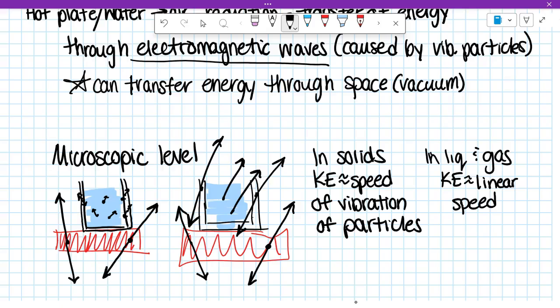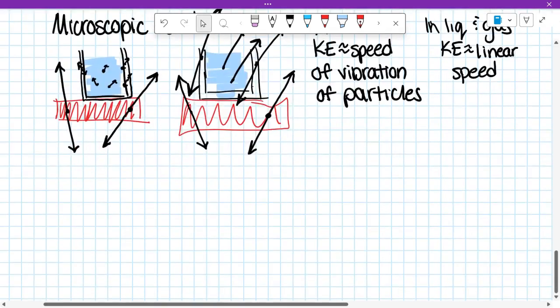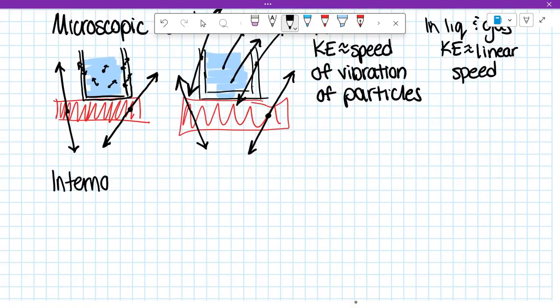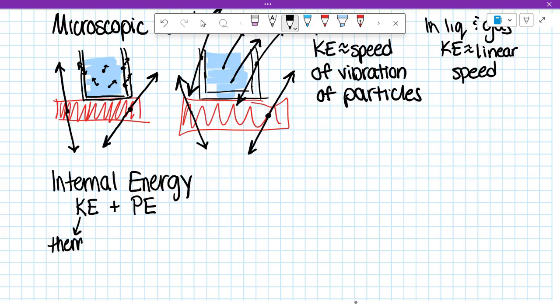Right? Collisions are really kind of the cause of everything. Okay. So we got thermal energy, which is related to temperature or the kinetic energy. Another energy that you're going to read about is internal energy. Now, sometimes internal energy and thermal energy are used interchangeably, but they really are not. Internal energy is the total kinetic energy of the object plus its potential energy. That kinetic energy is the thermal energy.